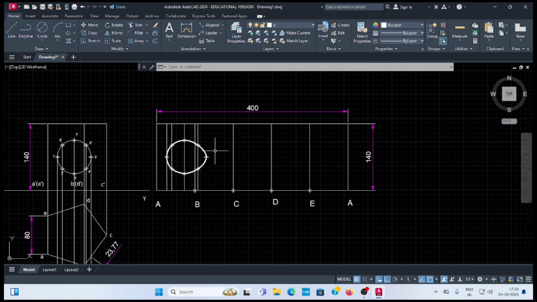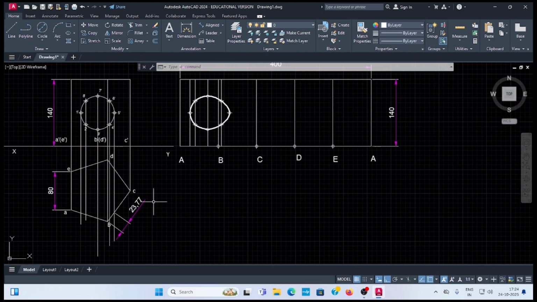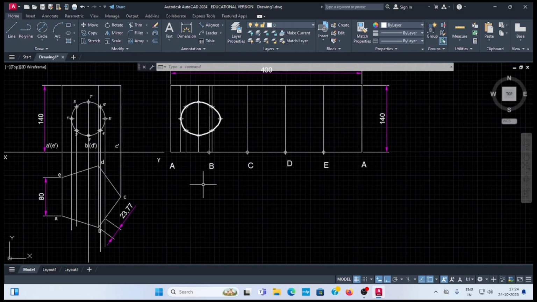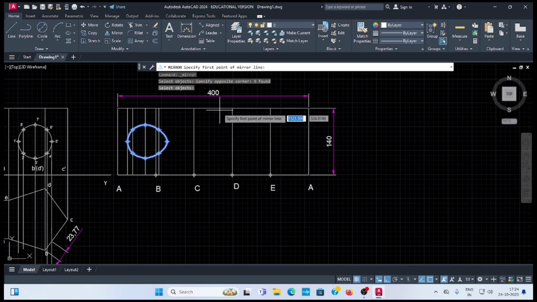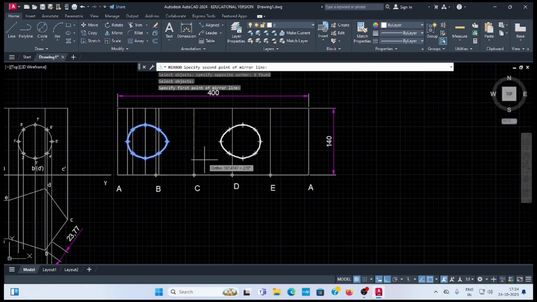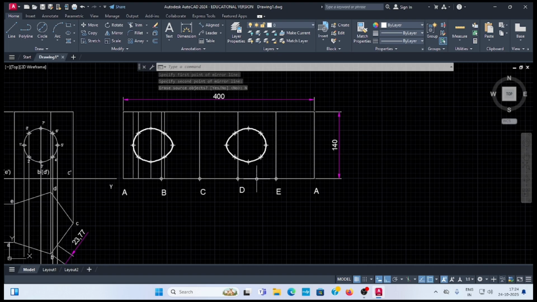Okay. This you have to mirror this side about C. Go to mirror command. Select the object. Enter. And give no. It is your final solution.